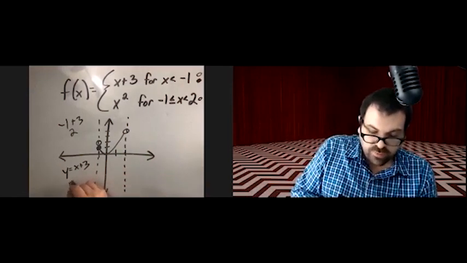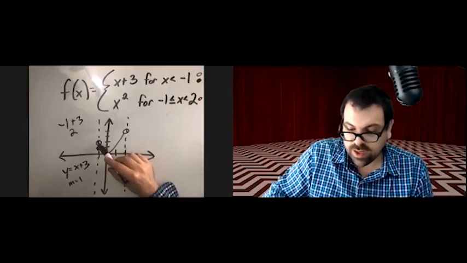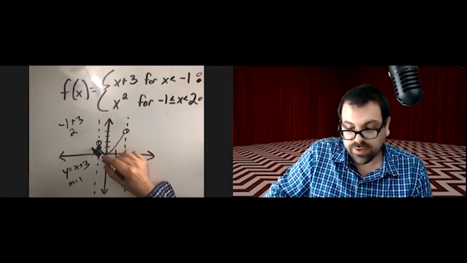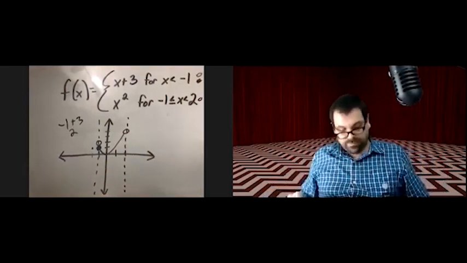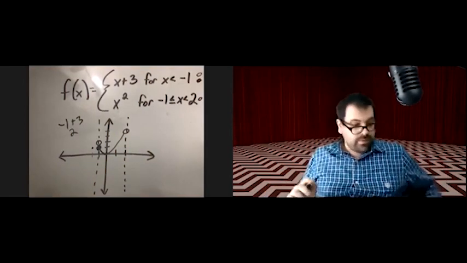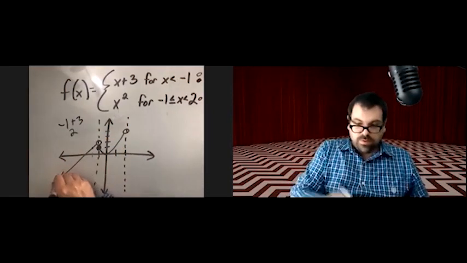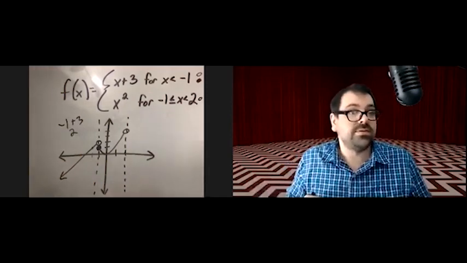But it has a slope of 1, which is up 1, right 1, wrong direction, or down 1, left 1. So this graph here would be this piecewise function.